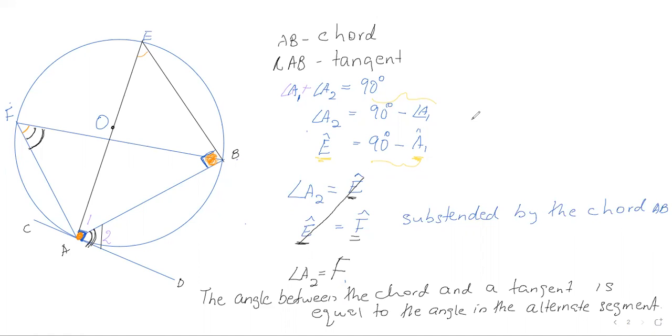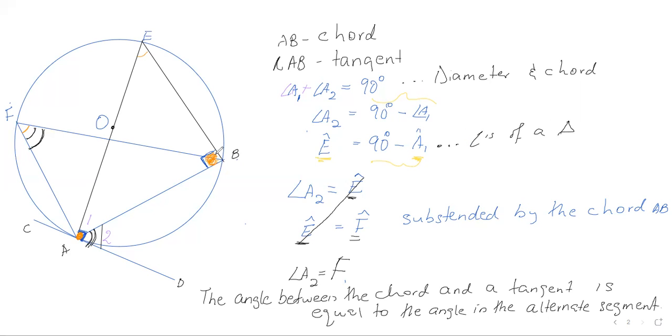So let's put reasons here. We said angle A1 plus A2 is equal to 90, and the reason was diameter and chord. And then angle E plus A1 is equal to 90, and the reason here is that angles of a triangle equal 180.